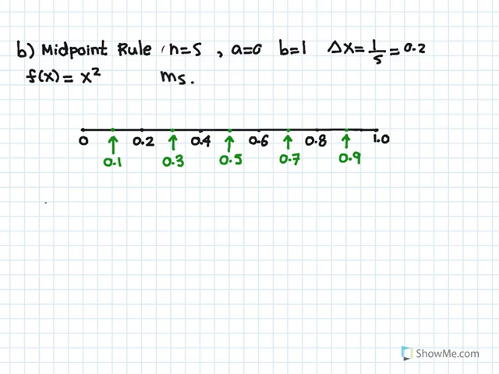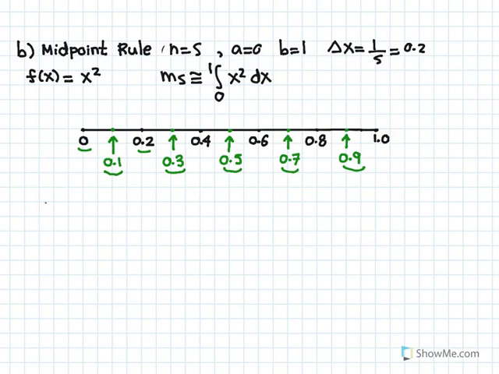And M5, the midpoint rule approximation. We're going to approximate the definite integral from 0 to 1 of x squared dx with the midpoint rule. With the midpoint rule, we have to evaluate the function at the midpoints of every interval. At 0.1, 0.1 is the average of 0 and 0.2. At 0.3, at 0.5, at 0.7, and at 0.9.